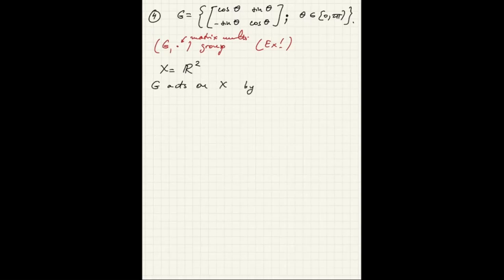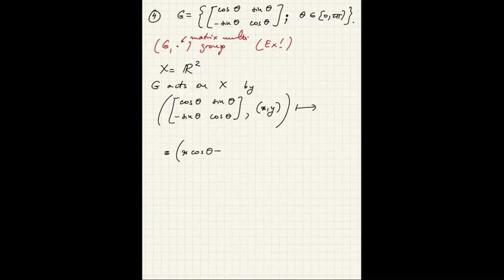If we take an element of G, so here the bracket will be a bit big, if we take one of these matrices and we act on the ordered pair X, Y, this gets mapped to, so X is the horizontal coordinate and Y is the vertical coordinate, X cosine theta minus Y sine theta and X sine theta plus Y cosine theta.